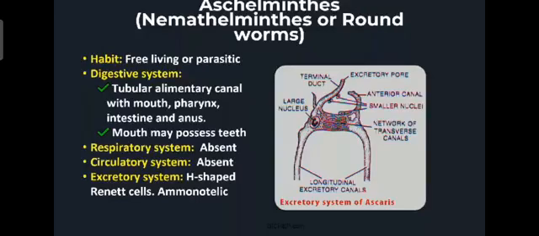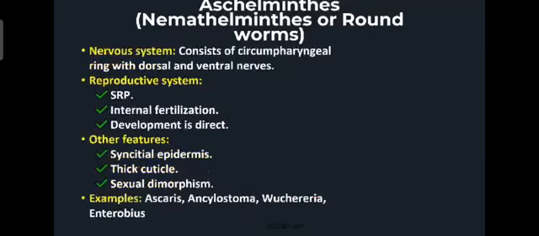And these animals are ammonotelic, meaning they excrete the excretory waste in the form of ammonia. Nervous system consists of a ring-like structure, and to that ring you will find the dorsal and ventral nerves connected. Okay.